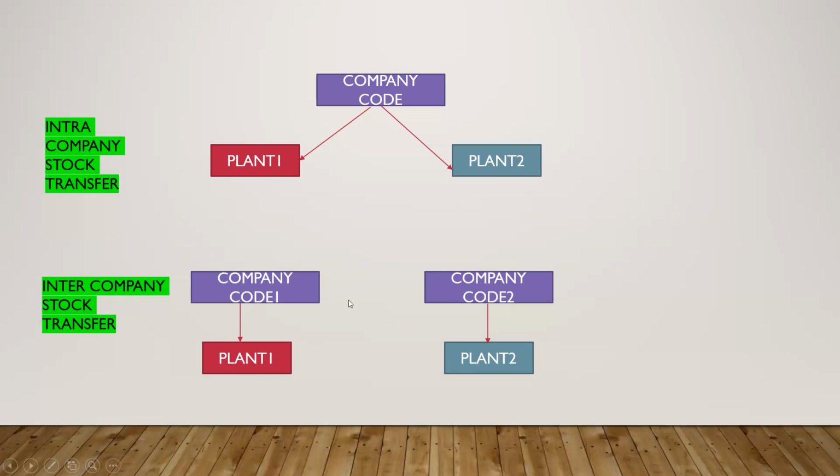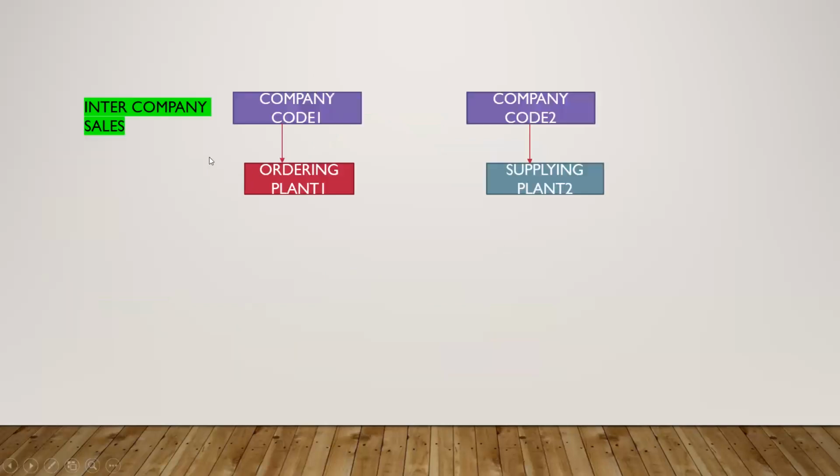So let's configure the stock transfers. It is very important for SD, MM and FI consultants from an integration perspective. When it comes to intercompany sales, for example, a customer orders certain stock from a company code for an ordering plant. What happens? The stock is not available.